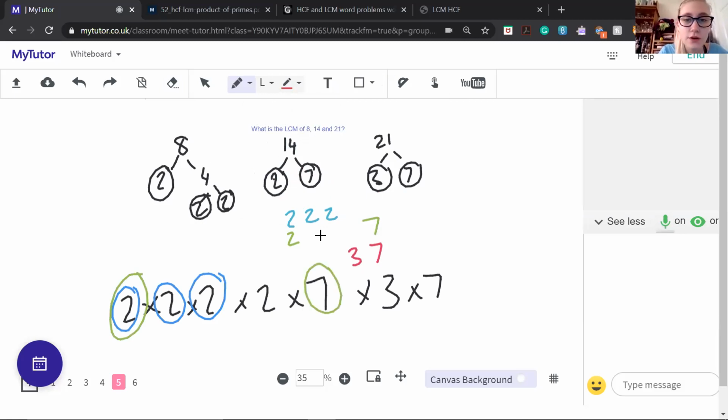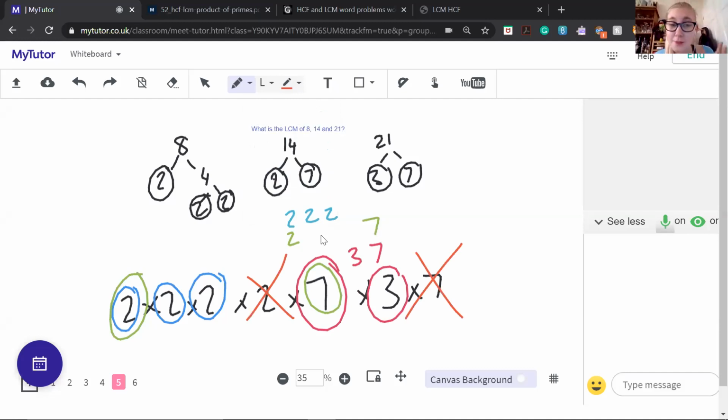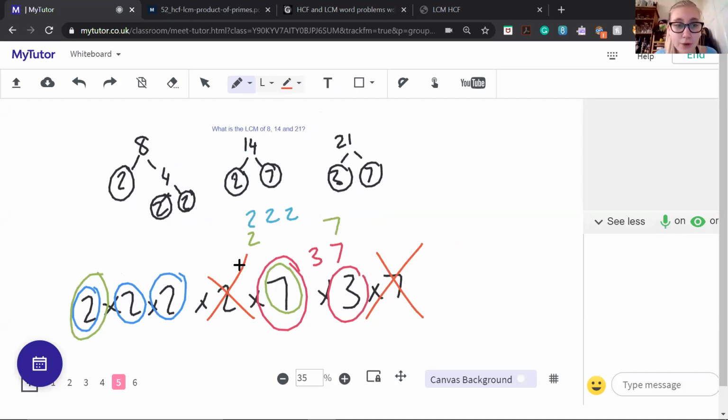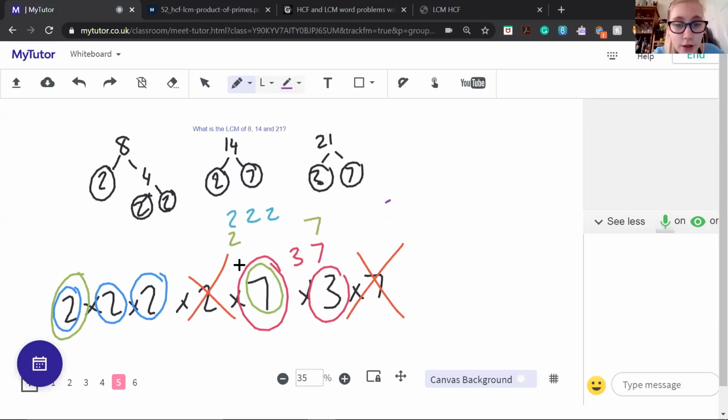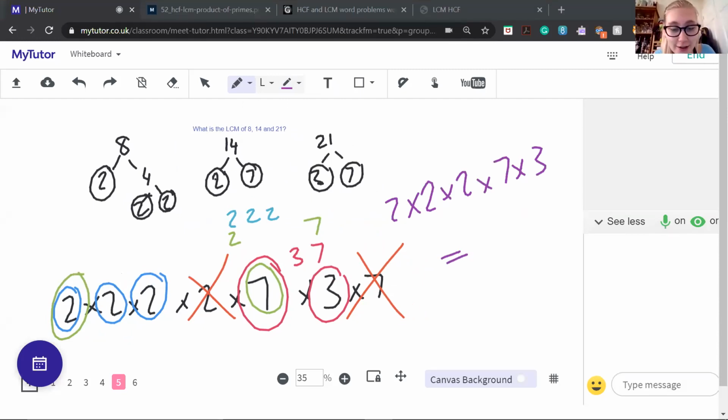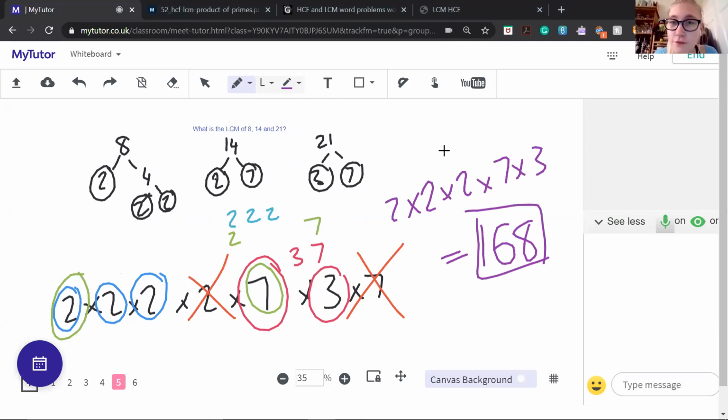And where's 21? Here it is, 3 times 7. Always circle a number that's already been circled where you can. Now we can see that this 2 and 7 aren't being used. We don't need them to make up all of these numbers. So our solution would be just these numbers that have been circled: 2 times 2 times 2 times 7 times 3, which is 168. So that's how you do it for 3 numbers.